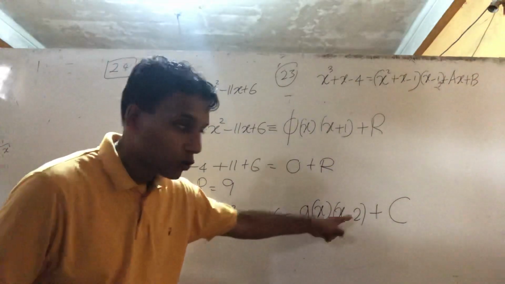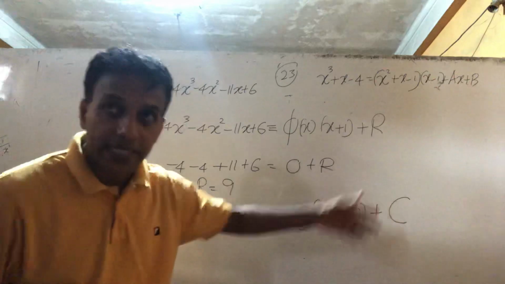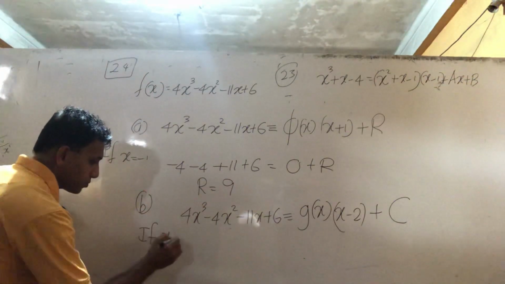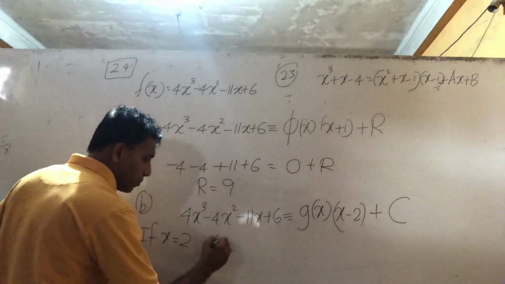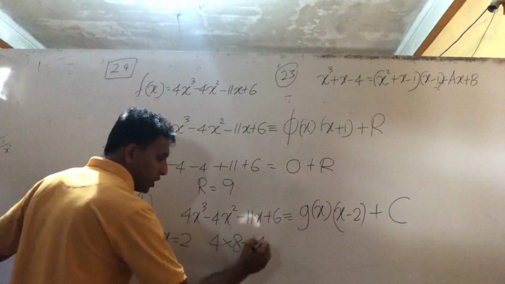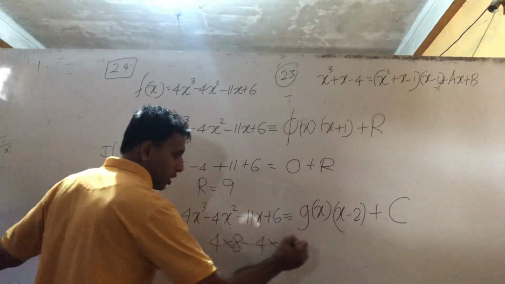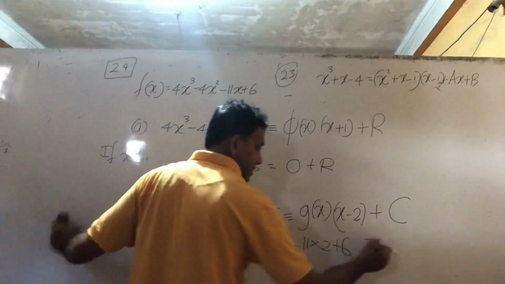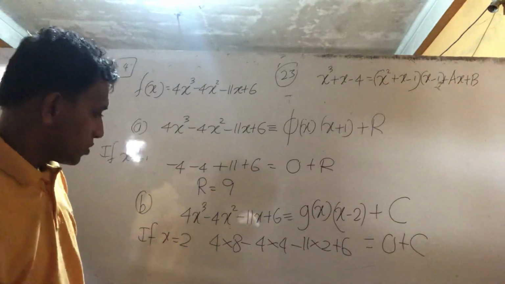If you apply x equals 2, it becomes 0, so you can find C. So if x is 2, what happens? 4 into 8, minus 4 into 4, minus 11 into 2, plus 6, equals 0 plus C. C is the remainder. So what is the answer? 32.